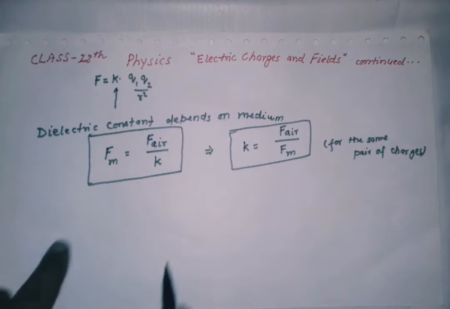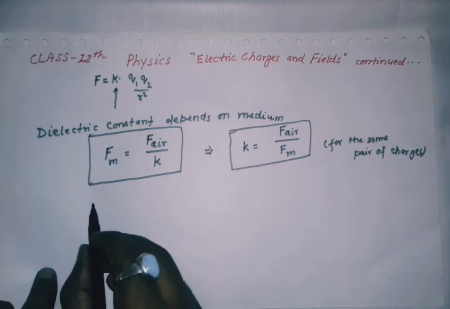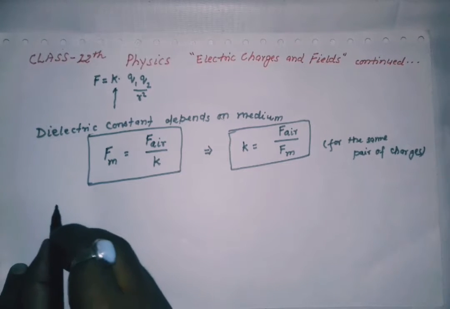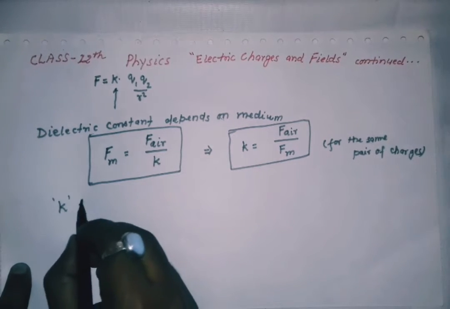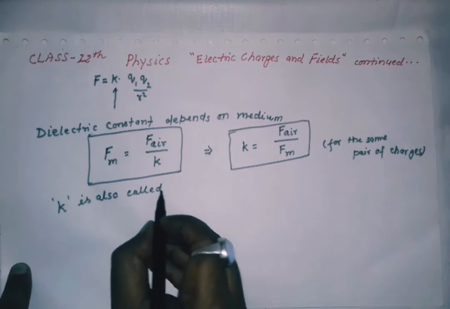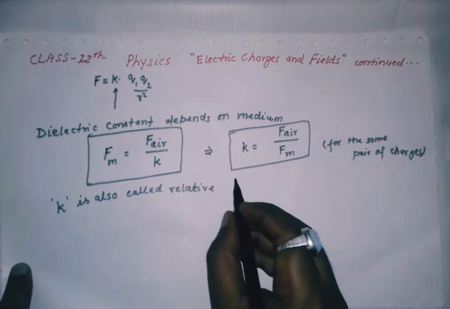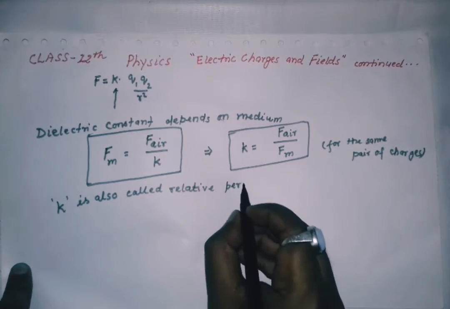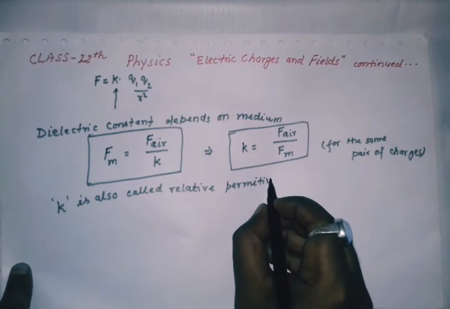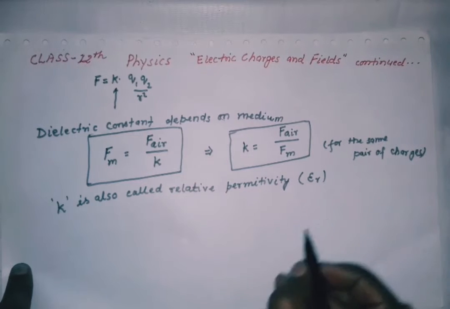So this dielectric constant is also called relative permittivity. So K is also called relative permittivity, denoted by epsilon r.